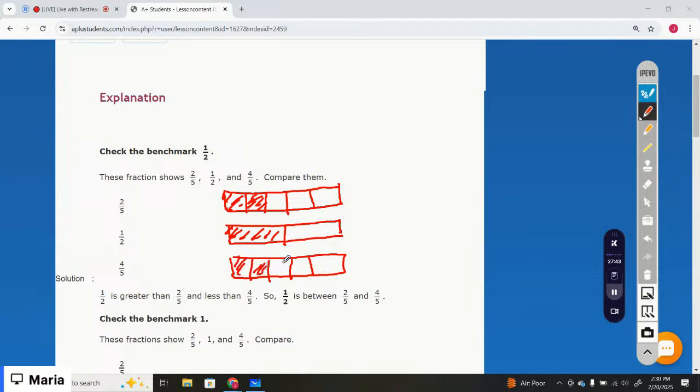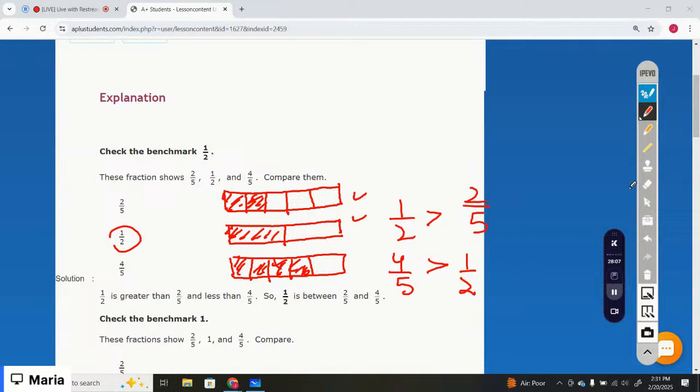Now you can compare these. 1 by 2 has more portion colored than 2 by 5, so 1 by 2 is greater than 2 by 5. And 4 by 5 has more portion colored than 1 by 2, so 4 by 5 is greater than 1 over 2.